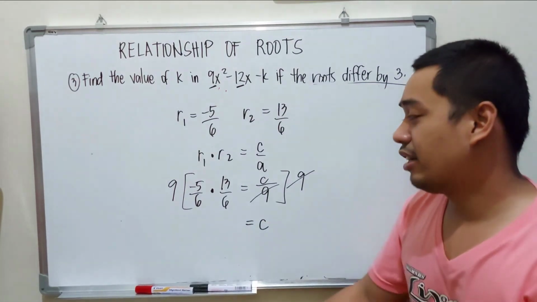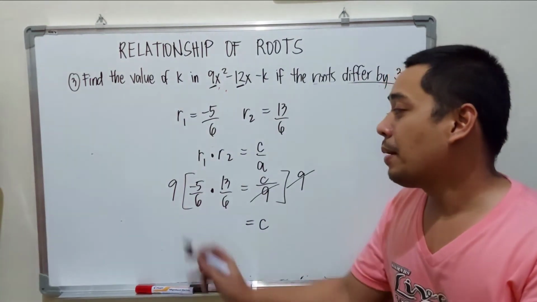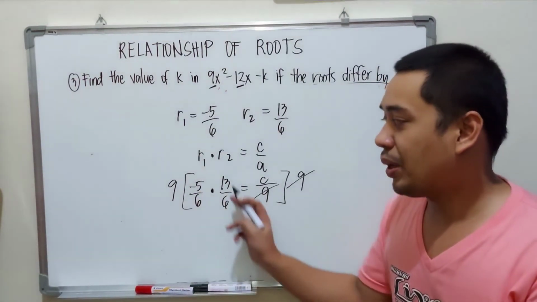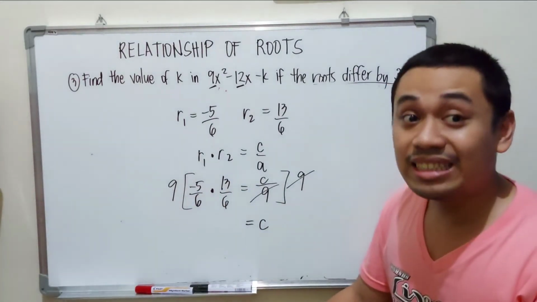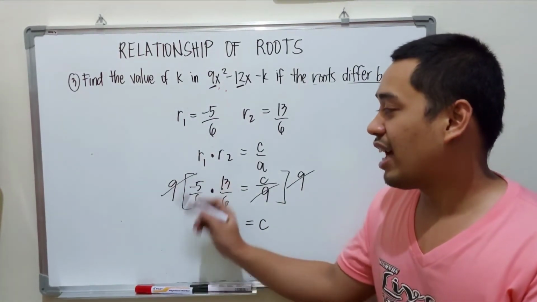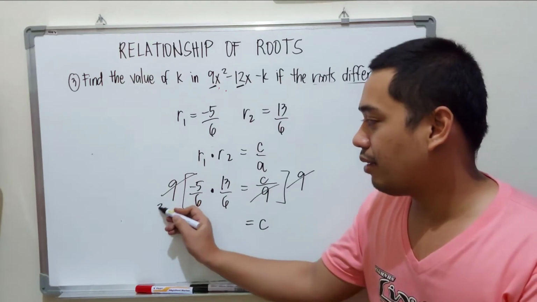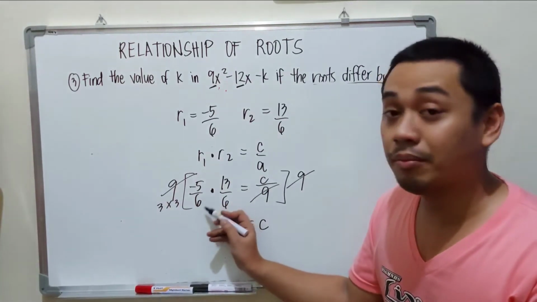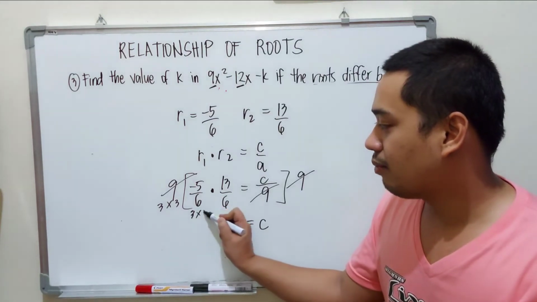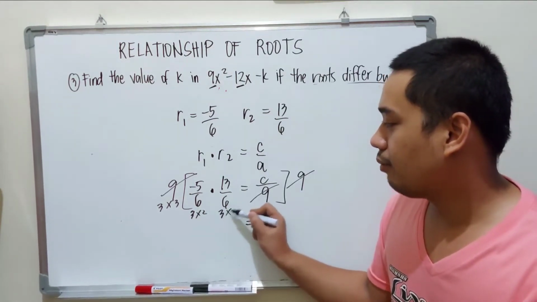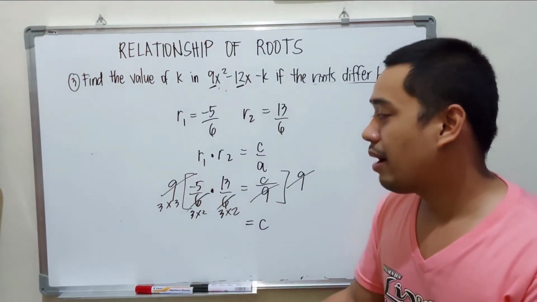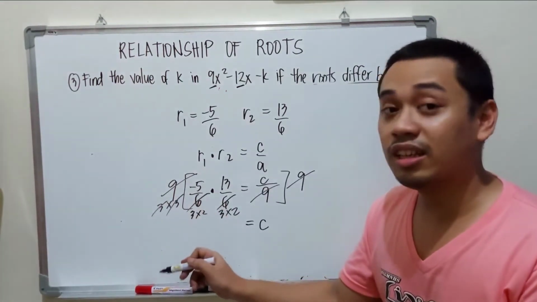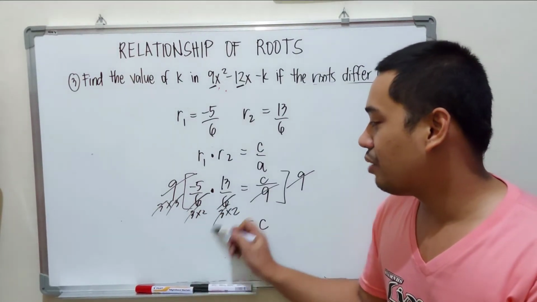It will just become C equals, paano natin makukuha yung product nitong mga ito? So, by cancellation, we take out 9. That is 3 times 3, diba? Kunin natin yung mga 3 sa denominator. So, this is 3 times 2. This is 3 times 2. Diba? So, tanggalin natin yung dalawang 3, then magtatanggal din tayo ng dalawang 3.